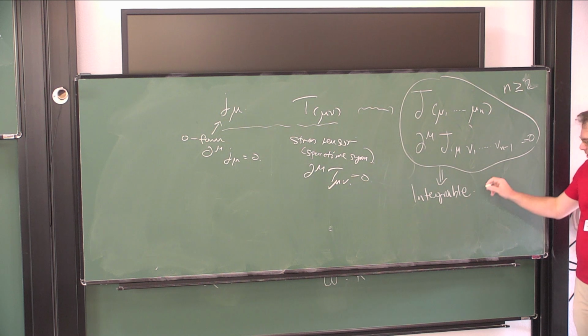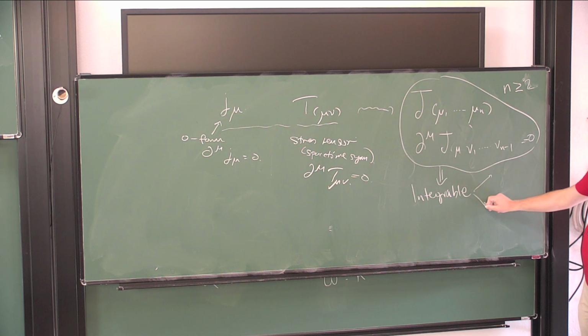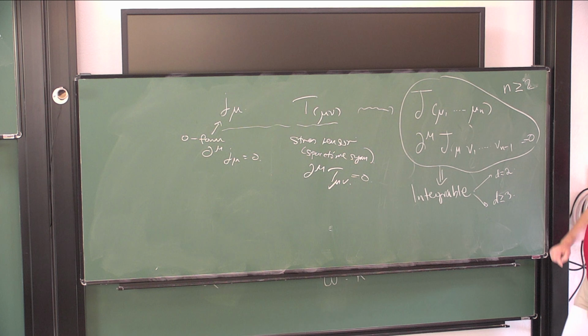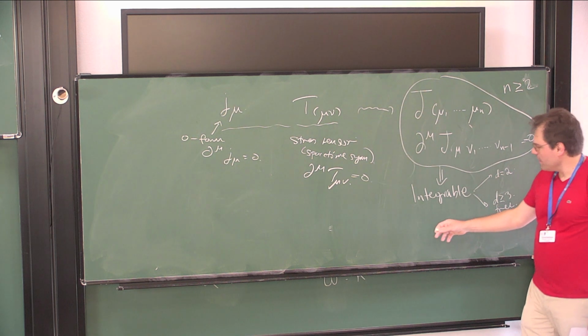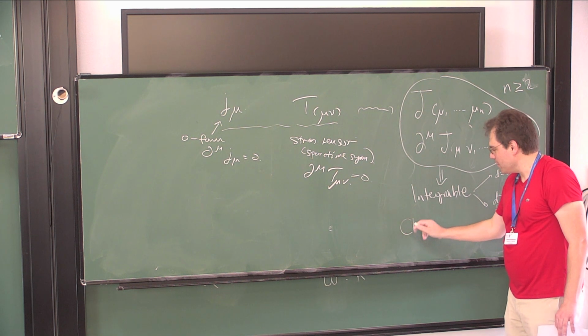And that means that they can be, roughly speaking, of two varieties. They can either be interesting, which means they have to live in 2 dimensions, or they can be boring, which means they can live in more than 2 dimensions, but they have to be free. And there are different ways of thinking about this, but roughly speaking, this goes under the slogan of the Coleman-Mandula theorem.